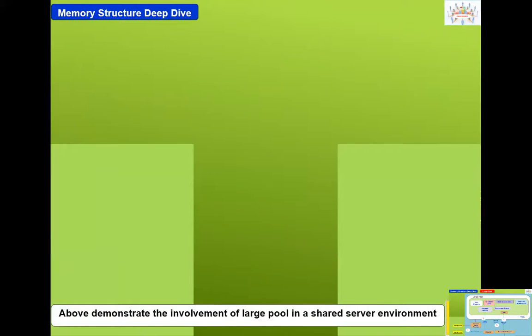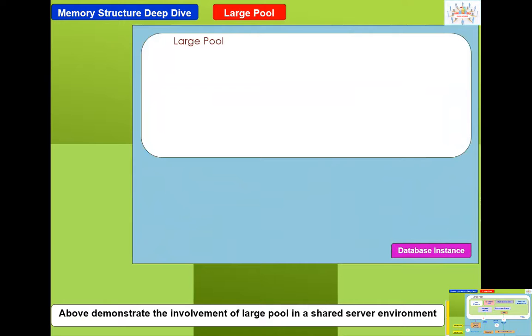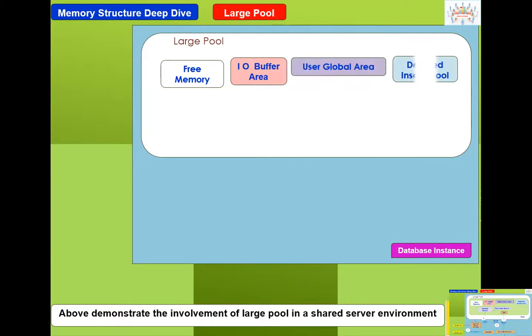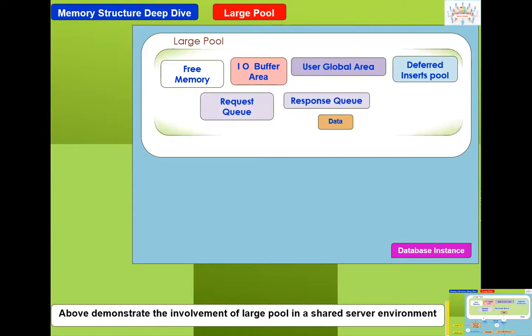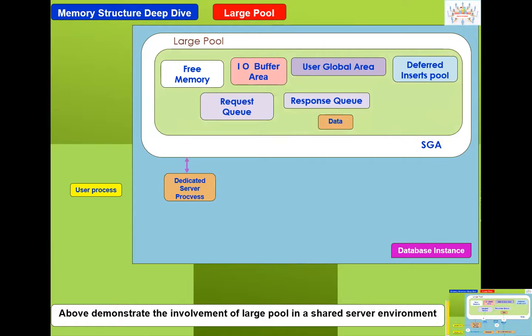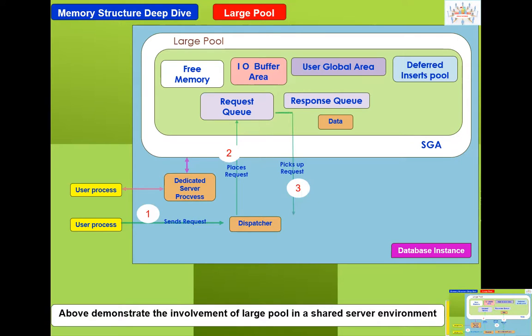The memory structure deep dive, still in the large pool, we need to learn how the shared server environment retrieves data. Because it's not like the dedicated environment, in the shared server there is an order of how it retrieves records. So let's study the steps, how the dispatcher and the request queue, response queue are working. So that we will do in the next session.